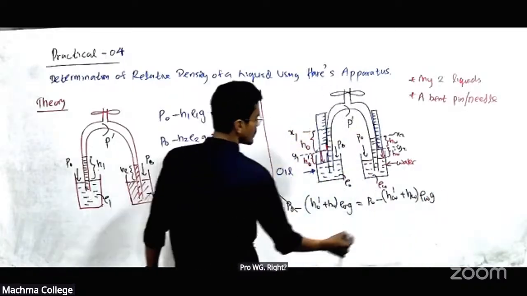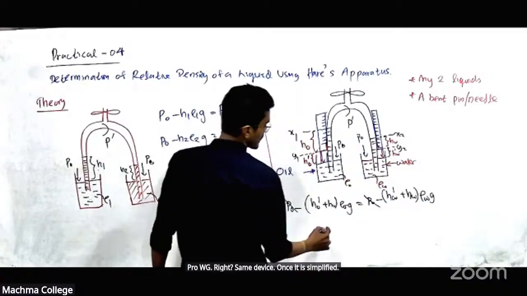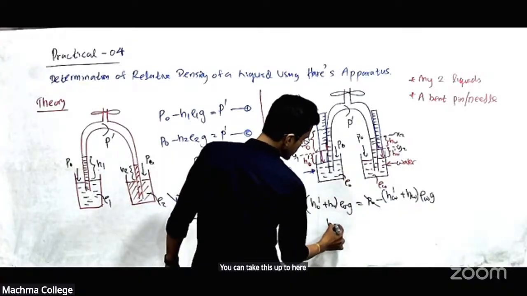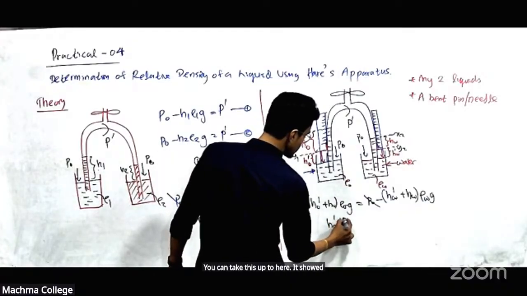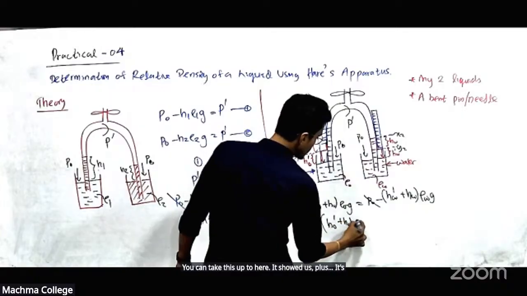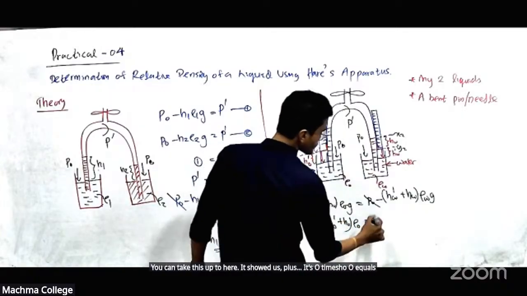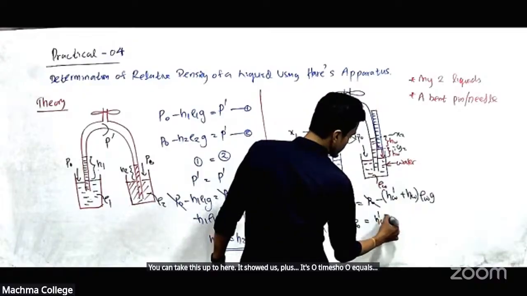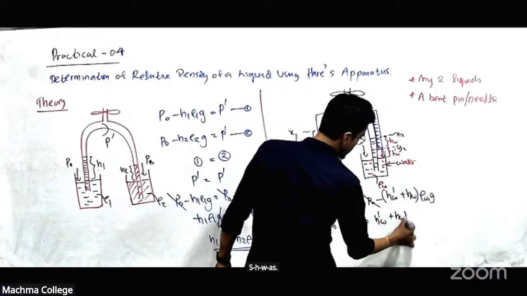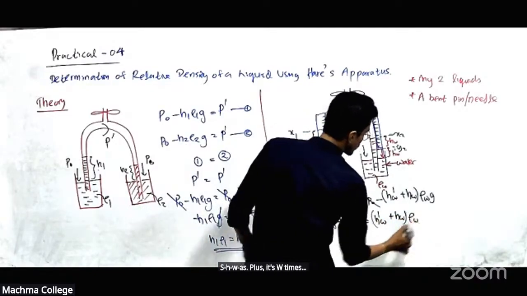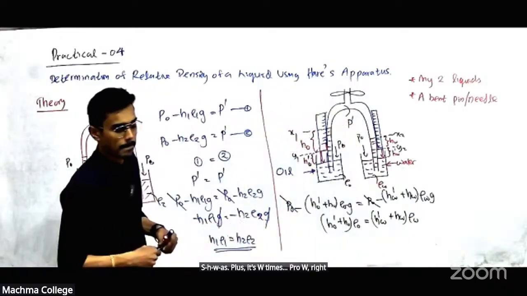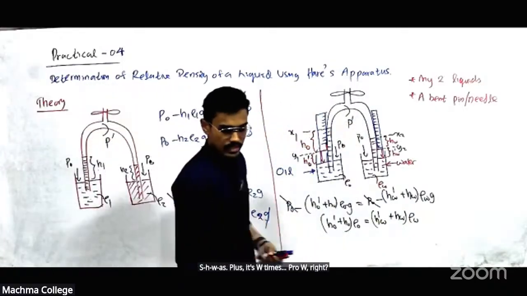Simplify this. Once simplified, we get HO dash plus HO times rho O equals HW dash plus HW times rho W.